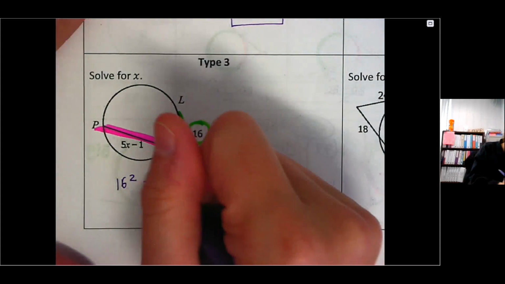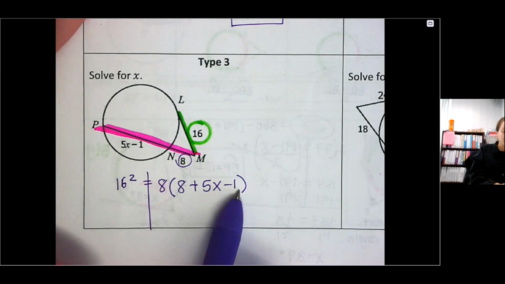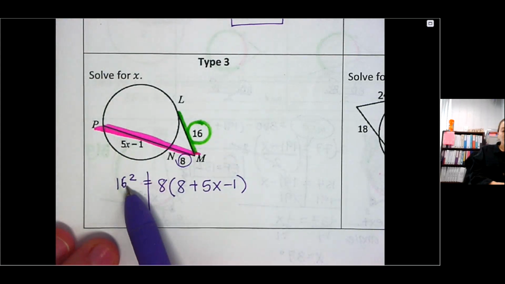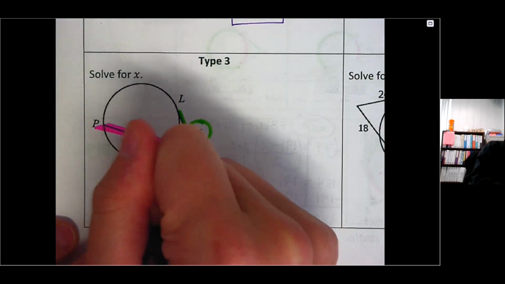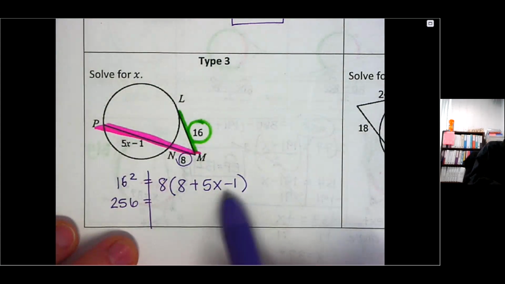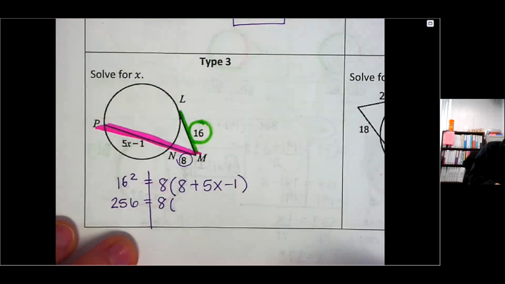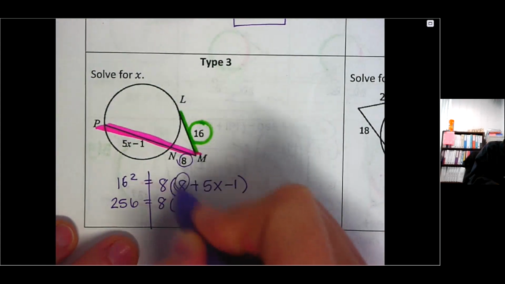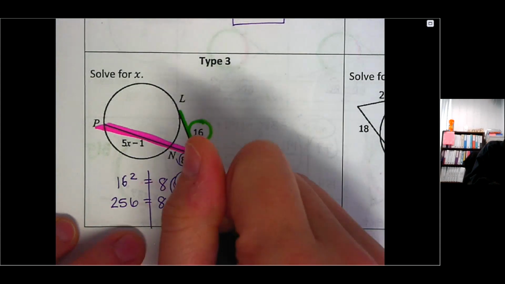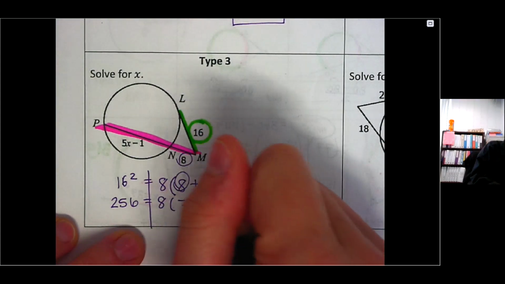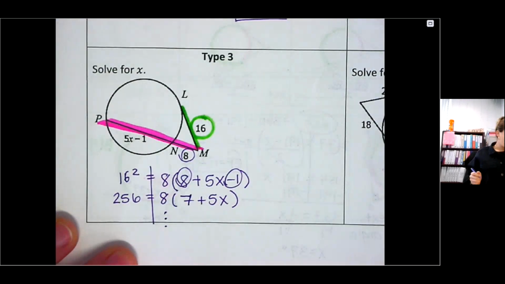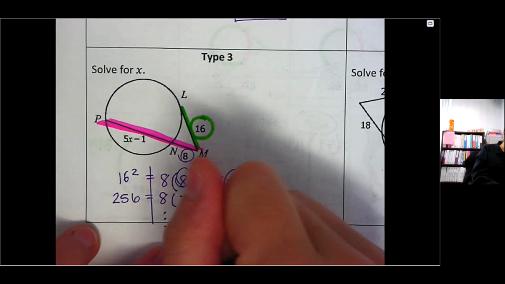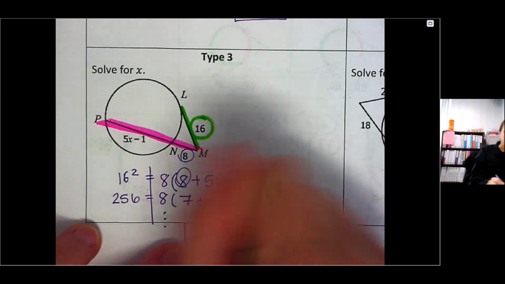And again, I would suggest combining like terms. Hopefully you know how to put 16 squared into your calculator. That just means 16 times 16, which is 256. And then again, I would combine like terms here to get 8 times, you can put the 8 and the negative 1 together, and that'll give you 7 plus 5x. And then again, you do your algebra. Get x equals 5.